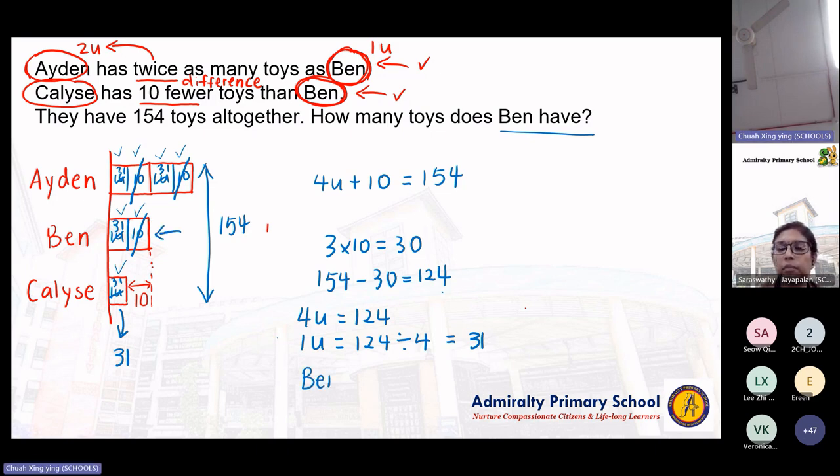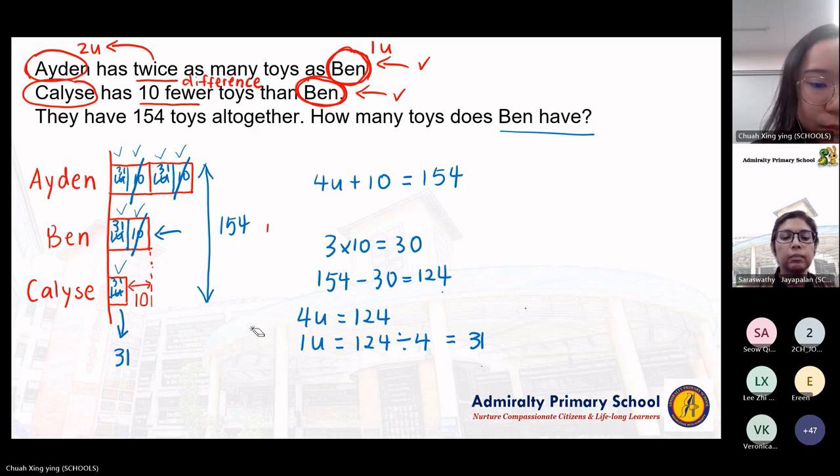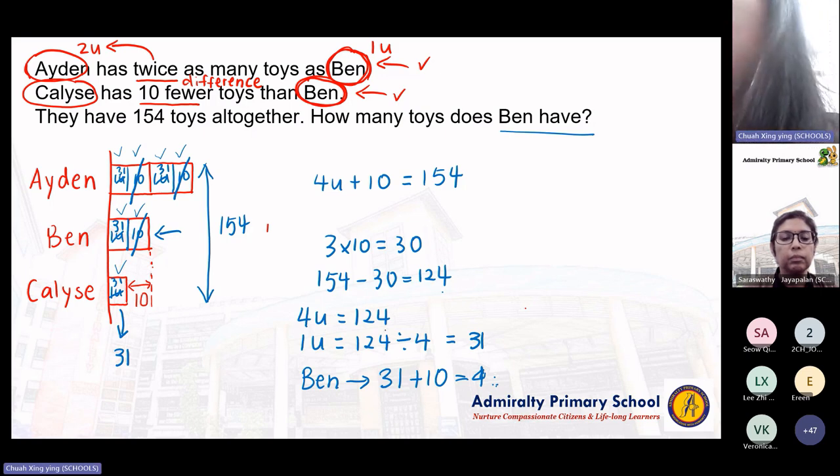Ben is 31 plus 10 equals 41. So our answer here is 41.